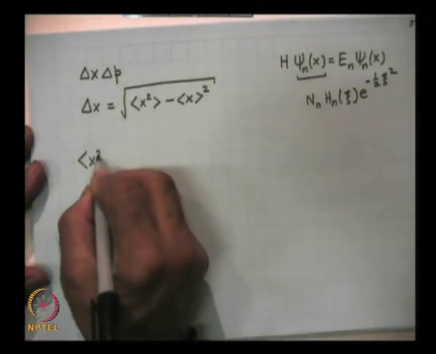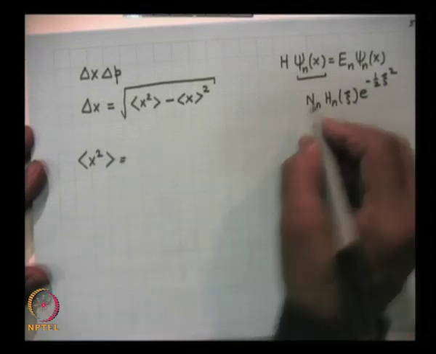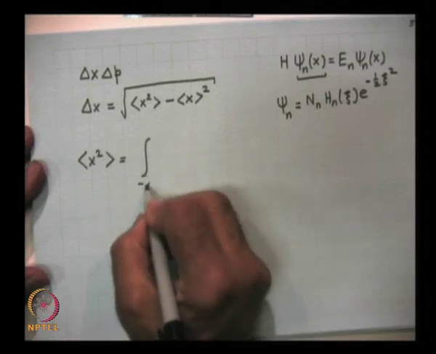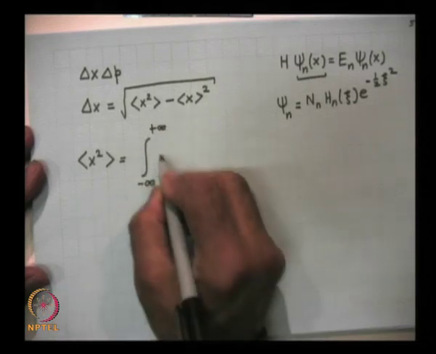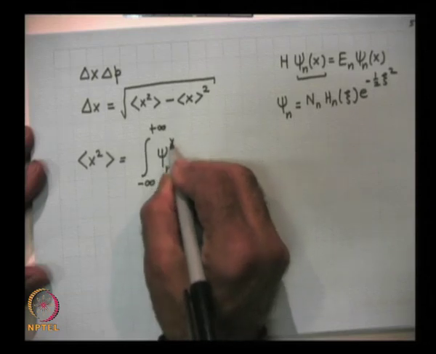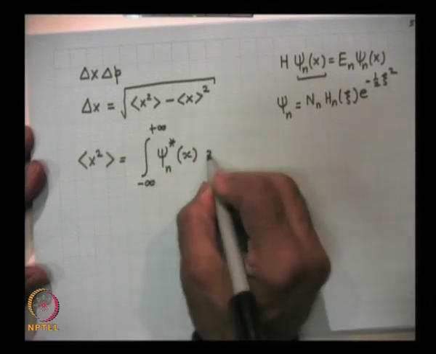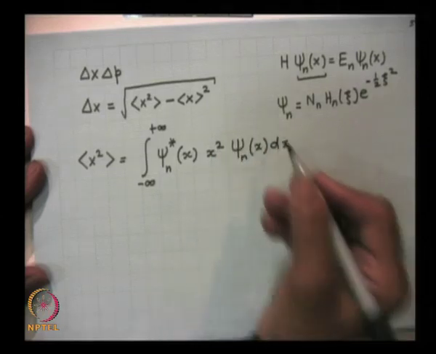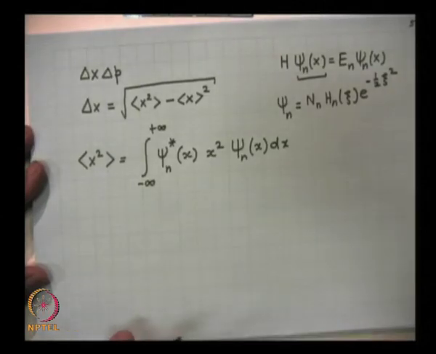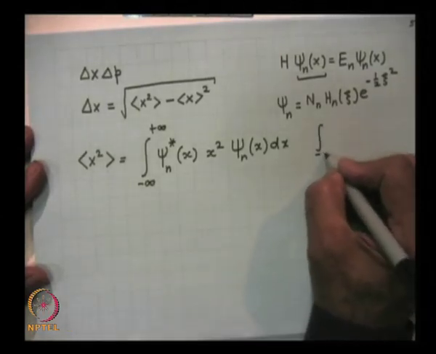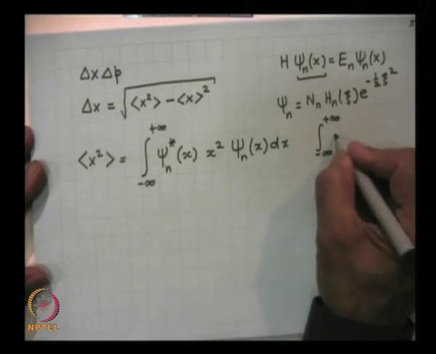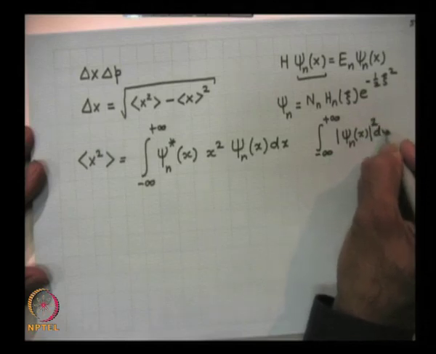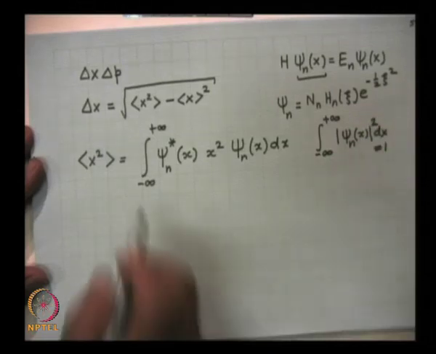I have to calculate like this: x square will be the integral from minus infinity to plus infinity of psi n star of x, x square, psi n of x dx. These are normalized. So, actually this is divided by psi n star psi n, but we have assumed that these are normalized wave functions, the integral from minus infinity to plus infinity of mod psi n of x square dx is equal to 1. So, this is my x square.